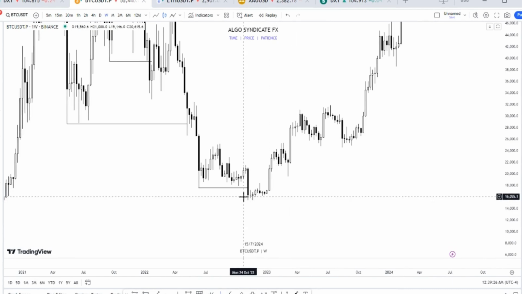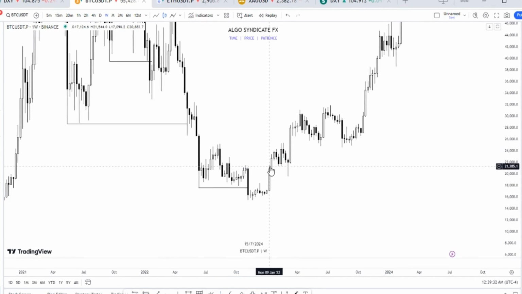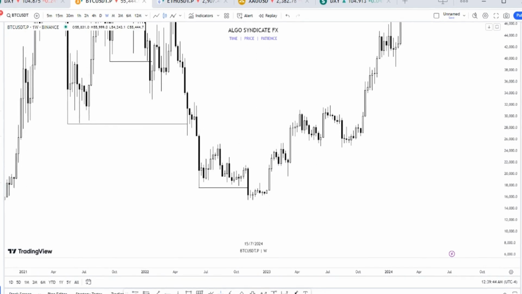This was a structural high. Price broke it. That is giving us a bullish intention. Price pushed up from the low. Below this low, we always want to buy below range low.